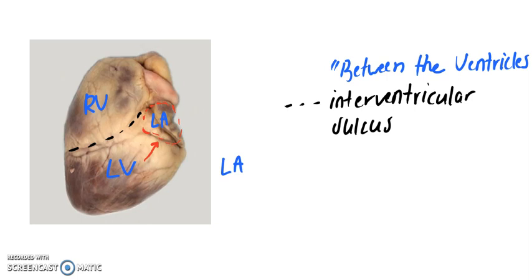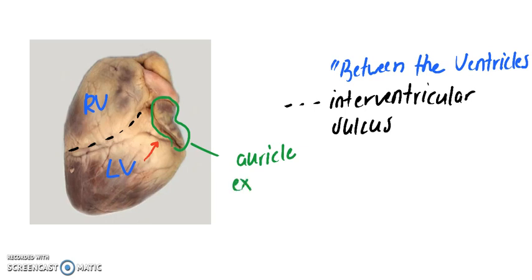Okay, and now I'm going to erase this because it's covering another structure. So we have left atrium. Let me erase this. Okay, I can make out this little ear structure. It looks like an ear, and we call this an auricle. So this here is an auricle.